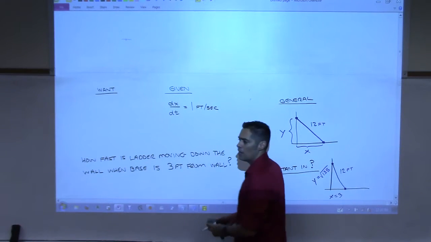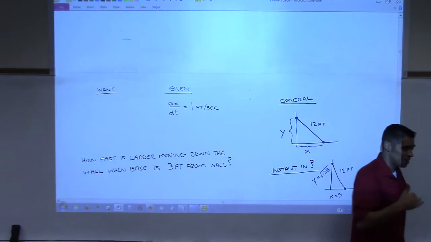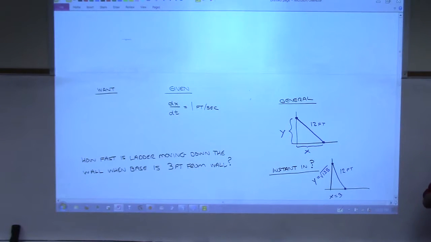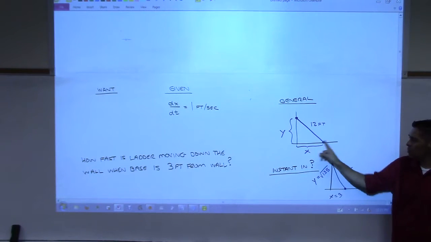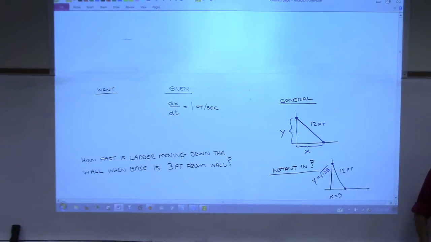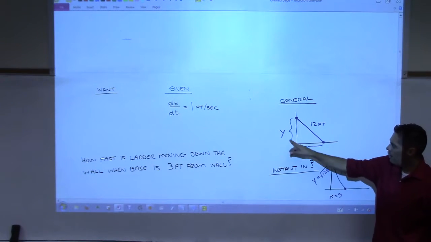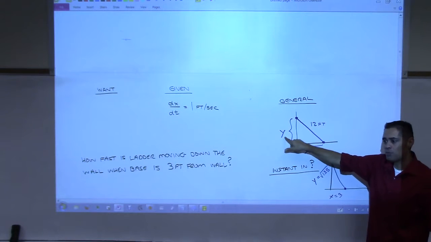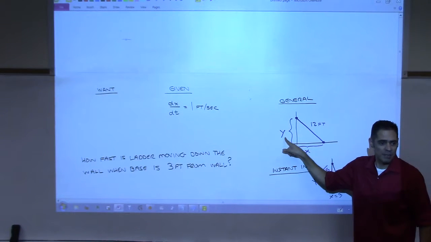Understand that? The fact that it says feet per second should tell you speed. And when you think of speed, you should be thinking derivative, right? So I know that the speed of x, how fast that's moving, is dx/dt. What is it that I'm interested in finding? What is it that I want? How fast y is changing with respect to time.